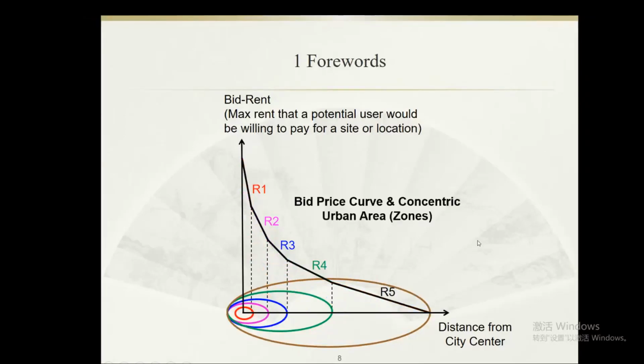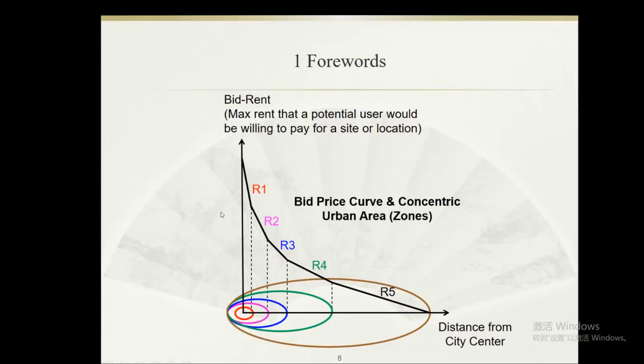And then we can get this curve. This is called the bid price curve or concentric urban areas curve. This is for one city center. If a city has two city centers, then we have this one. Can you understand?